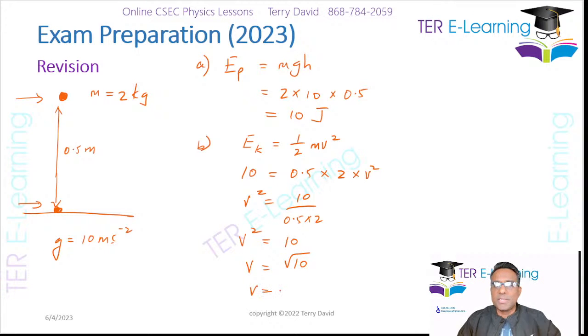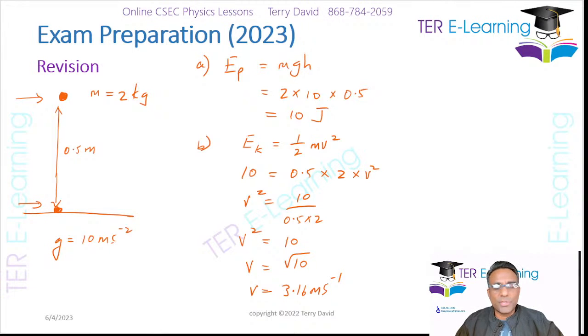So v is equal to 3.16. That's your velocity of this object just before hitting the ground. Be careful how you're rounding off.